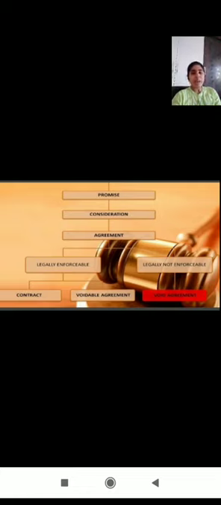When the agreement is legally enforceable, it becomes a contract, either a valid contract or a voidable agreement. With this ladder table you can see that when the agreement is legally not enforceable, it becomes a void agreement, shown with the red mark symbol there.